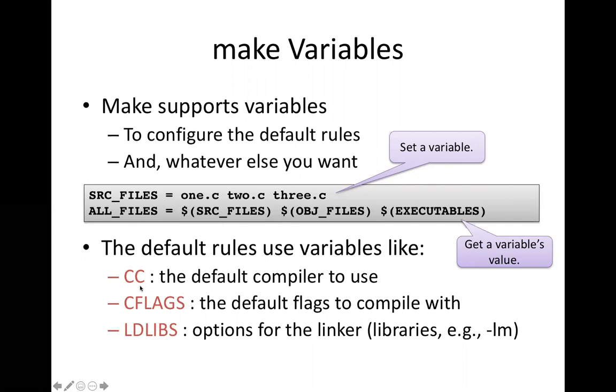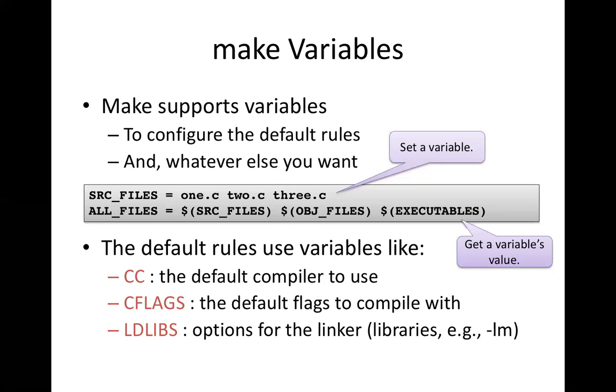The variable CC is the name of the default compiler that gets used. So if you didn't want to use GCC, or you wanted to specify the name of the compiler that gets executed, setting this variable to something would let you do that. This variable CFLAGS lets you specify default compiler options. And this variable LDLIBS lets you specify default libraries that you might link with. So if you needed the math library, you could set this LDLIBS to -lm, and that would automatically link with the math library.